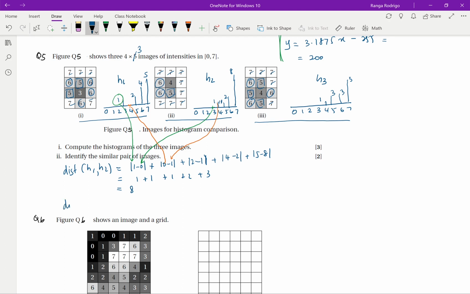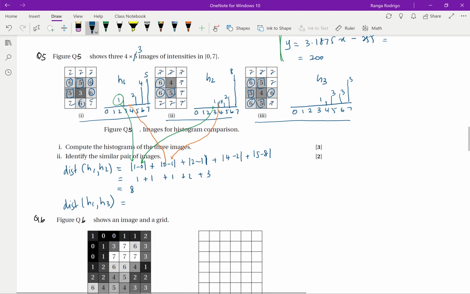Then let's find the distance between histogram H1 and H3. Directly I'll write the answers. For 0, 0. For 1, difference is 0. For 2, difference is 0.